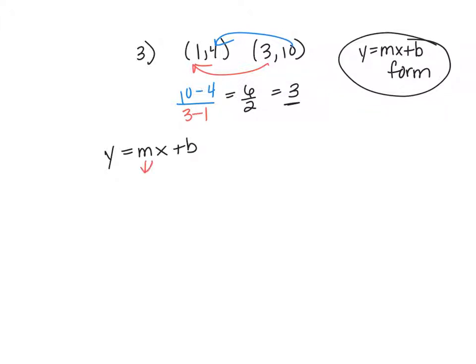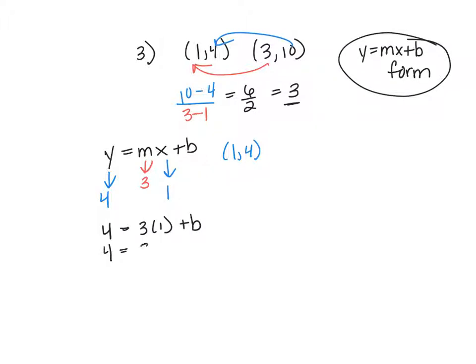So I already know my slope is going to be 3. And then you can plug in values for x and y from the point. So if we use the point 1, 4, we would plug the 1 in here and the 4 here. So when you rewrite it, you have 4 is equal to 3 times 1 plus b.